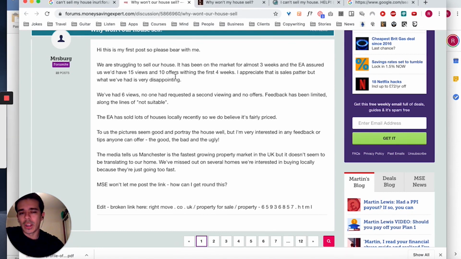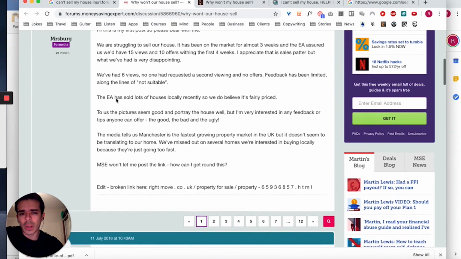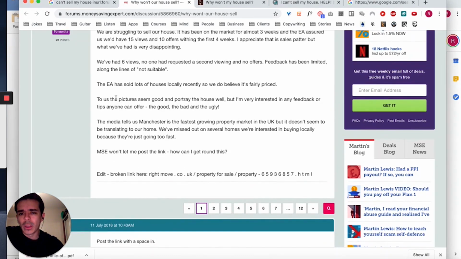I appreciate that it's sales pattern, but what we've had is very disappointing. I'm sorry. We've had 6 views, no one requested a second view, and no offers. Feedback has been limited. The EA has sold lots of houses recently, so we believe it's a fair price. To us, the pictures seem good and portray the house well, but I'm interested in any feedback. The good, the bad, the ugly.